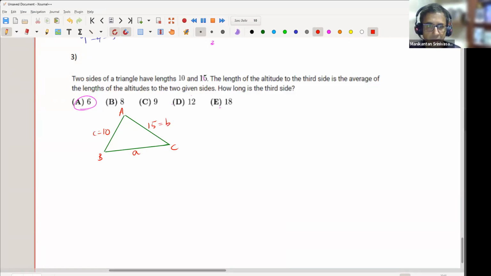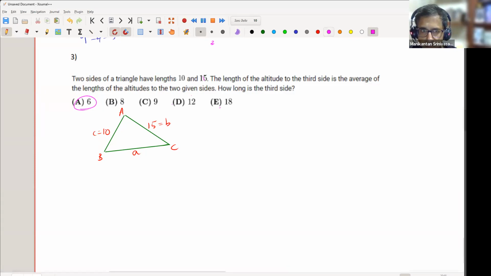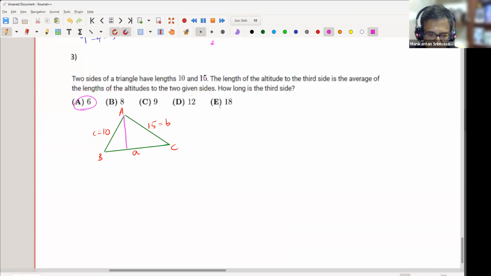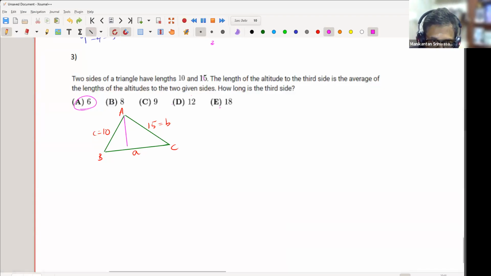Now he says the altitudes of two sides of a triangle, the length of the altitude. All right. So let's call the altitudes some names. I'll draw the altitudes here so that it's easy.